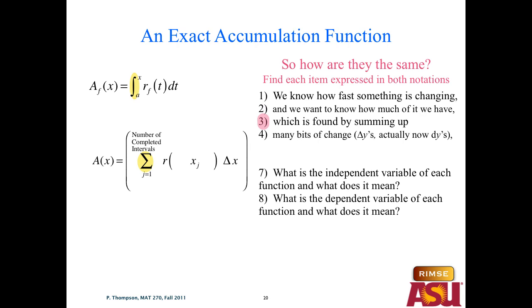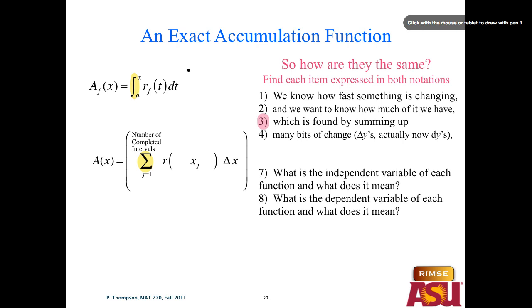Delta x. Is this our accumulated bit of change here? So what about in the integral, though? dt, that's our bit of change. So he wants r sub f of t times dt. Is it dt, or is it the product of those two that gives us a little bit of change in our quantity?